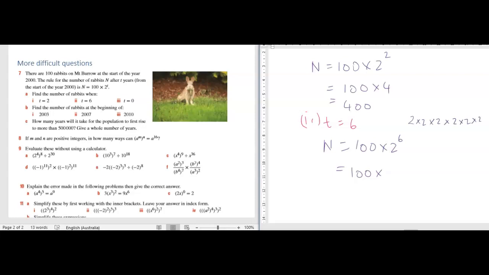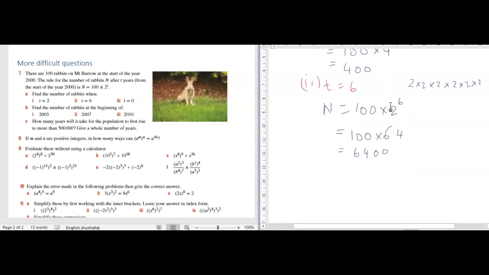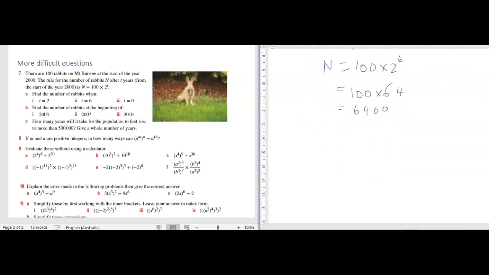So you're multiplying 2 by itself 6 times. 2 times 2 is 4, so we're basically doubling each time. Times 2 is 8, times 2 gives you 16, 32, 64. So it's 100 times 64, which gives you 6,400.